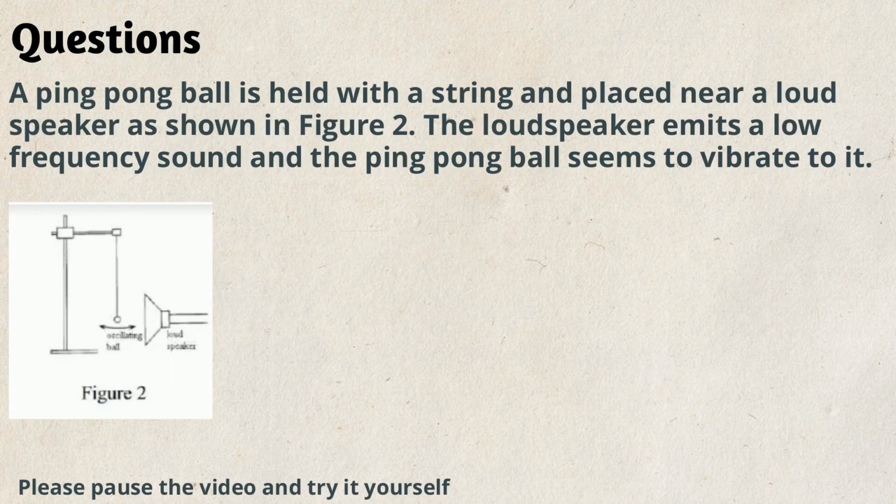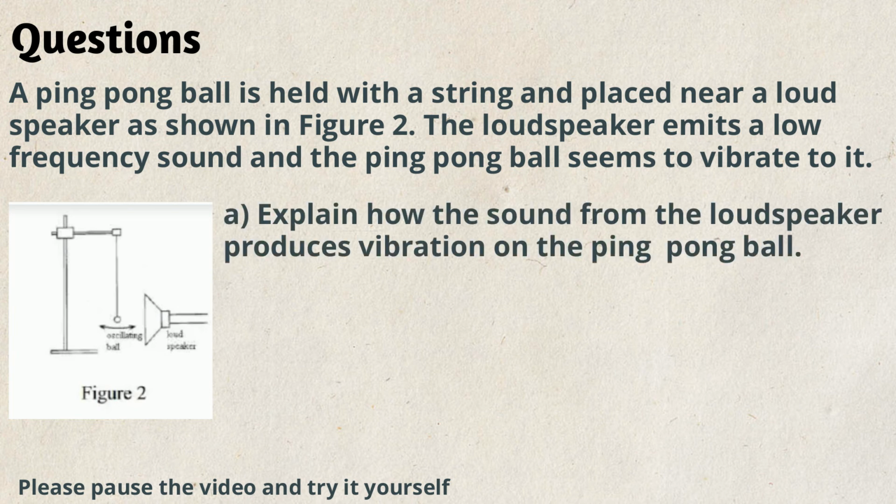Let's move on to the next question. A ping pong ball is held with a string and placed near a loudspeaker as shown in figure 2. The loudspeaker emits a low frequency sound and the ping pong ball seems to vibrate to it. Explain how the sound from the loudspeaker produces a vibration on the ping pong ball.